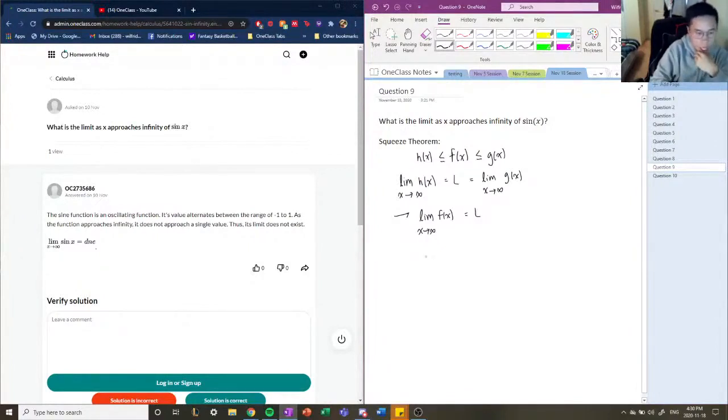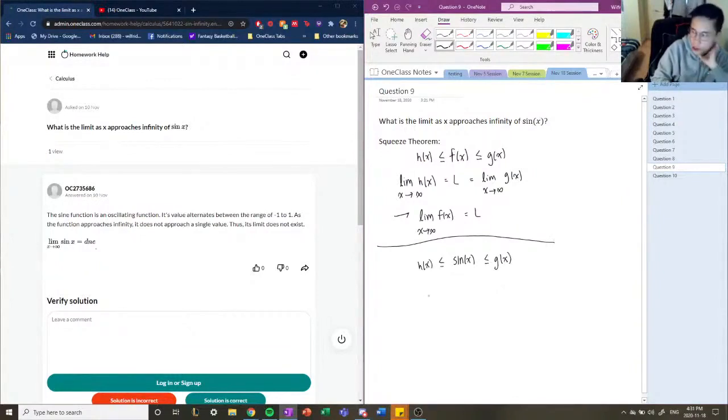So we have our function, which is sine of x, and we're going to fit it between two functions, g of x and h of x.